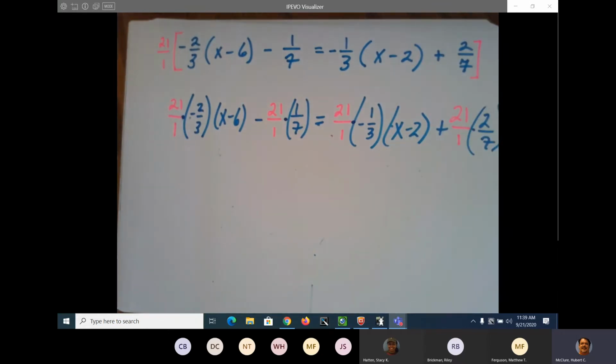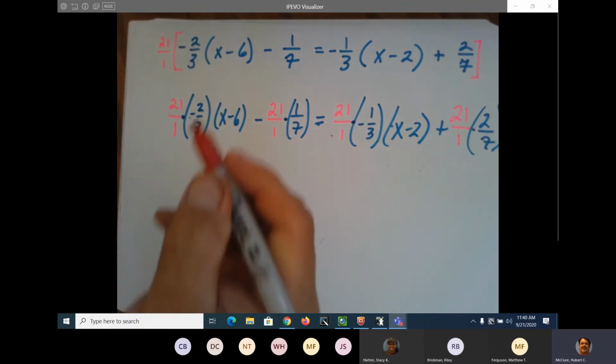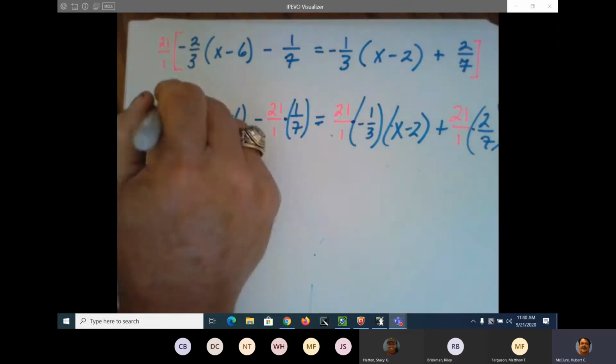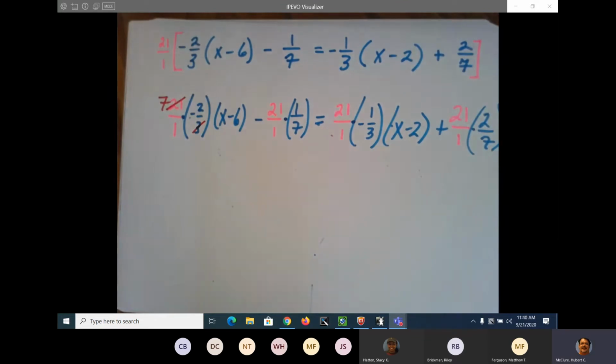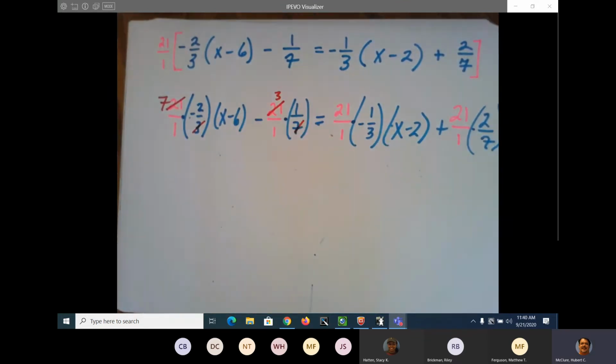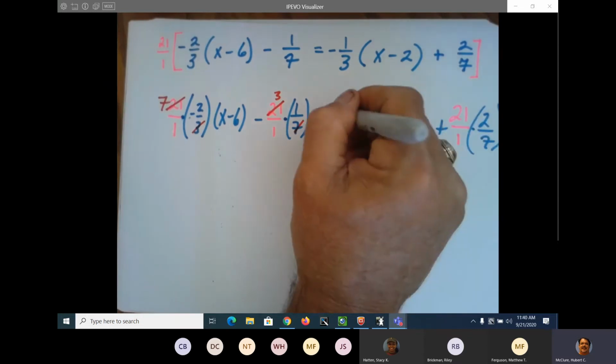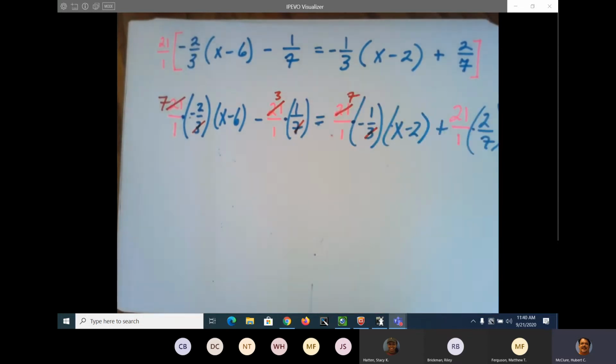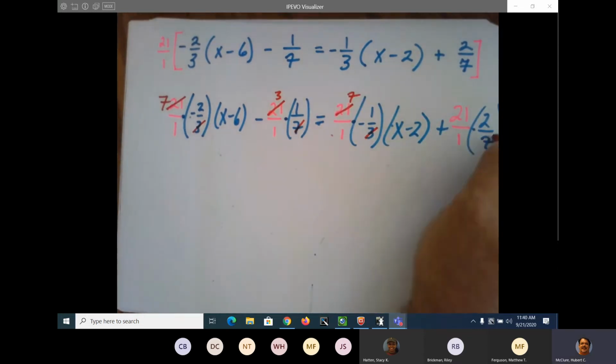And let's take our handy dandy red pen and see what we come up with. Well, 3 will go into 21 7 times. 7 will go into 21 3 times. 3 will go into 21 7 times. And 7 will go into 21 3 times.